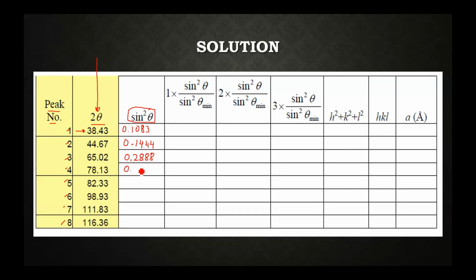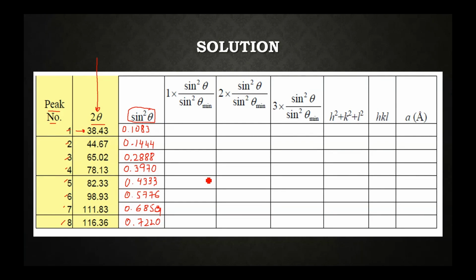Fourth peak? 0.397. Fifth peak? 0.4330. Sixth peak? 0.5776. Seventh? 0.6859. The last peak? 0.7220.